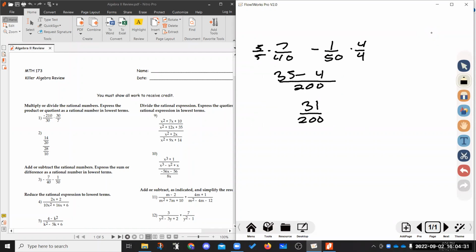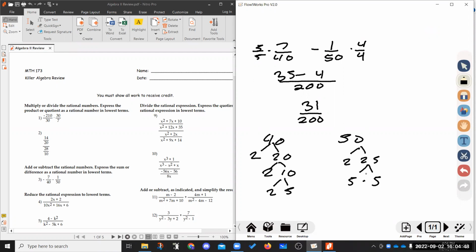How did I know that 200 was the least common denominator? I'm going to take 40 and 50 and factor them. So my LCD has to contain 2s and 5s. I have to have the most amount of 2s.